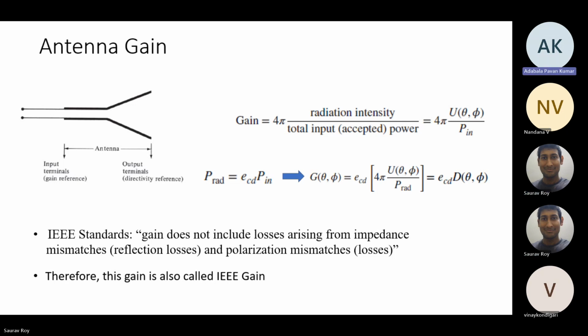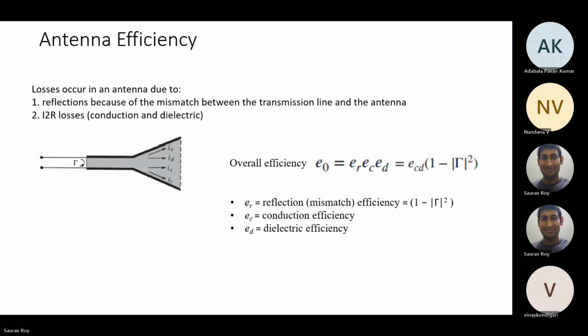Sir, can you explain this P rad is equal to the efficiency of conduction and dielectric into power? Okay, so see, input power is the power accepted by the antenna on the left hand side of the picture, right? You see the gain reference portion is written in parenthesis. In there we have P in, the incoming power to the antenna. Now in the antenna, what happens? Here we have the IC, ID, all this that causes the loss ECD.